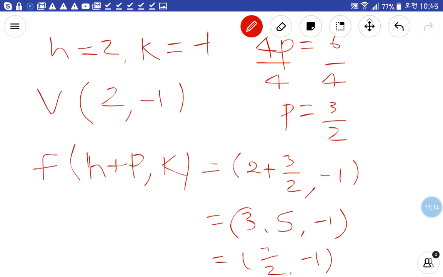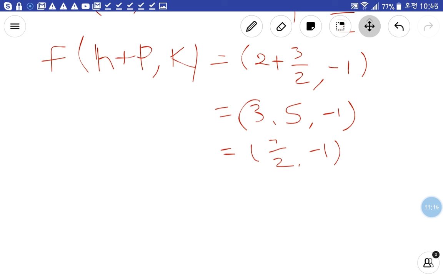Now, what is going to be my directrix, guys? Well, what's the formula of the directrix? Directrix is x equals h minus p. So think about your standard equation of the non-translated parabola. That was x equals negative p. Now we add h in here because this opens left or right, so it is affected by the horizontal movement.